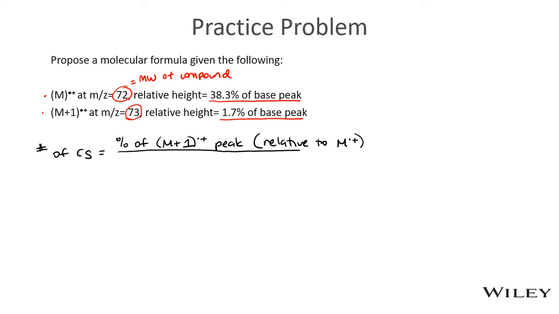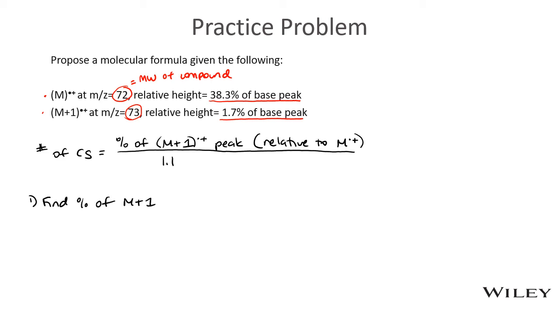And we'll divide that by 1.1. Now the current numbers given are telling us the relative percentages compared to the base peak. So now we need to take these percentages and make them so that we can compare the M+1 to the molecular ion.